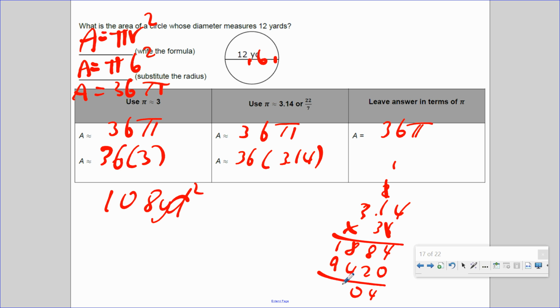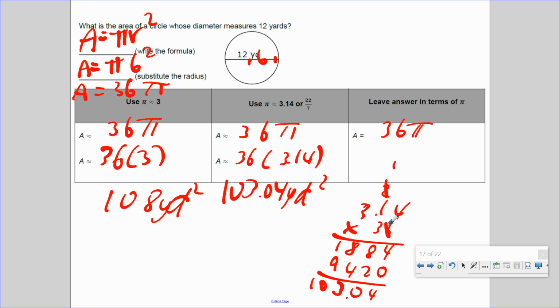If you add this all up, it is 103.04 square yards. So we have 108 square yards, a good estimate, using 3 as pi. We have 103.04 square yards using pi as 3.14. And if you just leave it in pi, it's 36 pi.